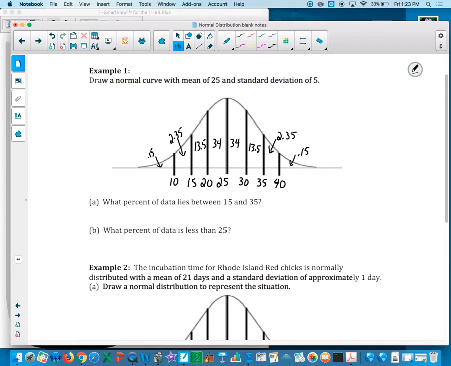So the percent of data that lies between the 15 and 35, since those are both 2 standard deviations away, that's going to be our 95%, where you can add up all the percentages in between. The percent that is less than 25, since 25 is the mean, would be the 50%. So again, coming from those basic ones on that first page.